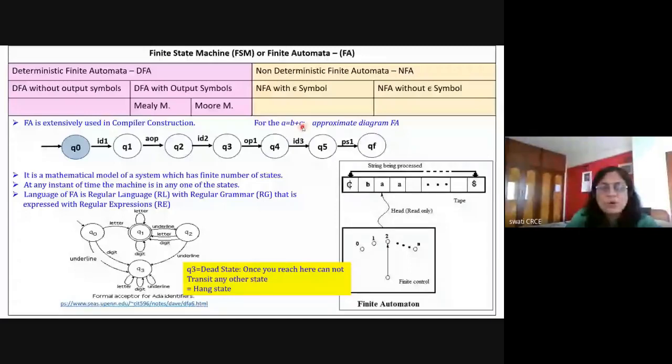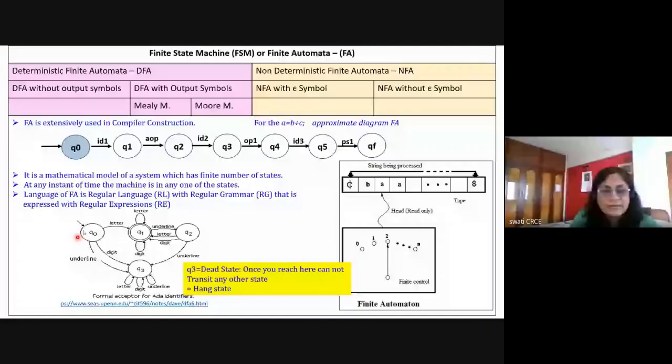Plus is the operator, with its own number. Then semicolon is a punctuation symbol, and they are numbered. If this particular sequence is followed, the machine goes to the final state and it is accepted and there is no error. This is an approximate diagram, not an exactly correct one, just to give you a feel of how this topic is used in compiler construction.